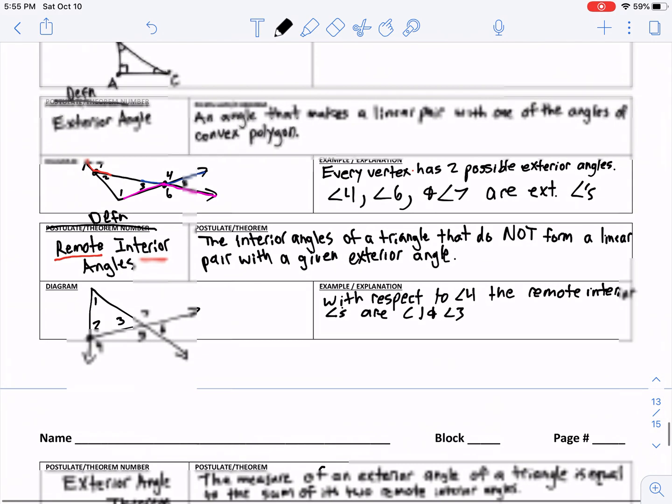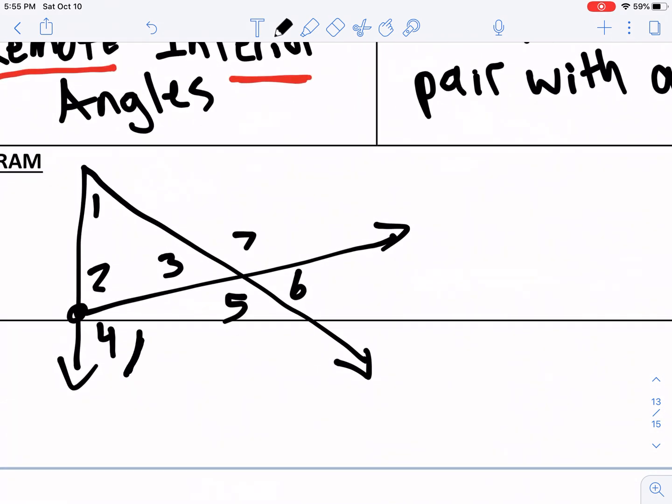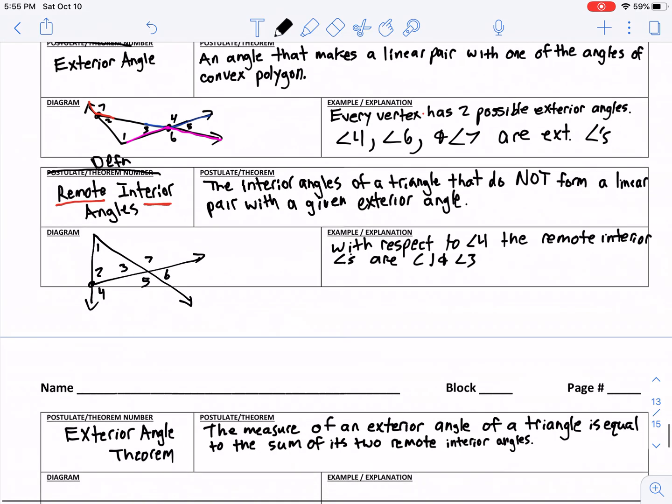So remember, we said in our example here, if 4 is our exterior angle, then angle 1 and angle 3 are the remote interior angles, okay, the ones that do not form that linear pair.